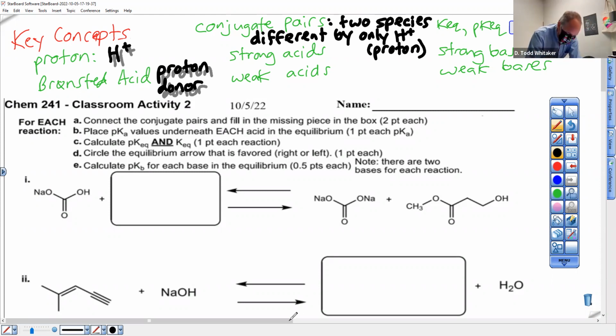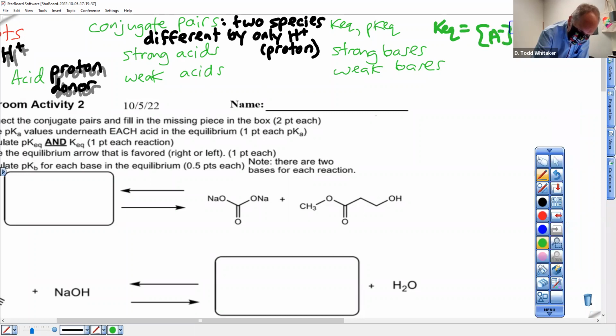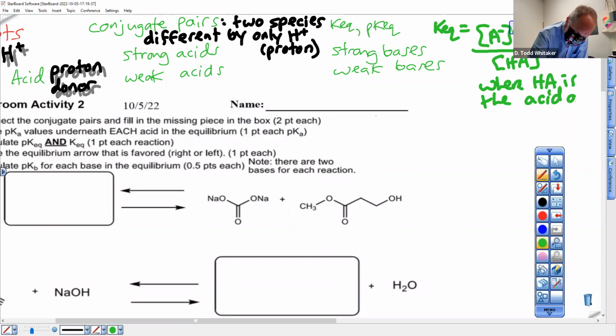Keq and pKeq are a measure of acidity. Keq is equal to the concentration of A minus times H3O plus, over HA, where HA is the acid, and A minus is its conjugate base.